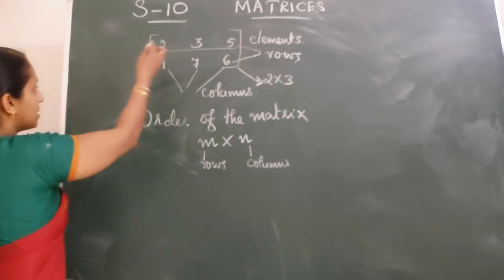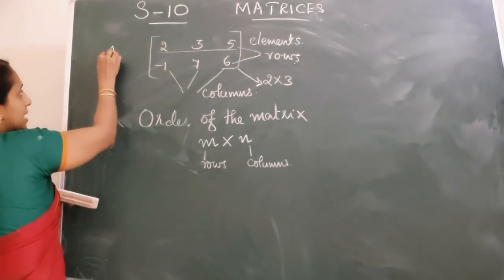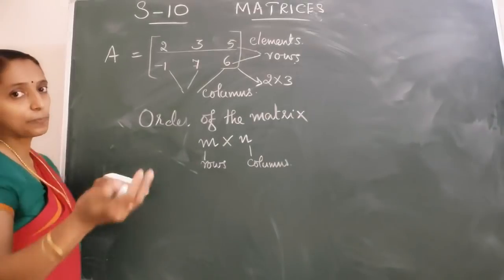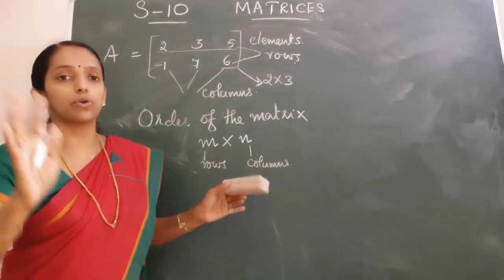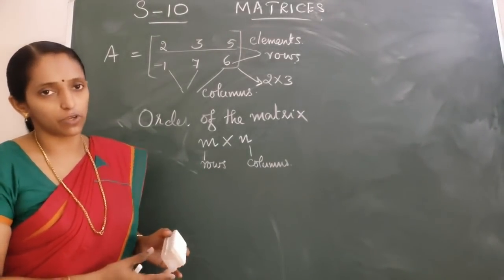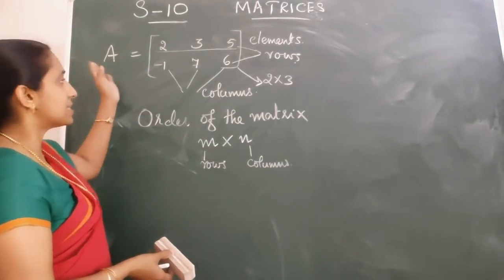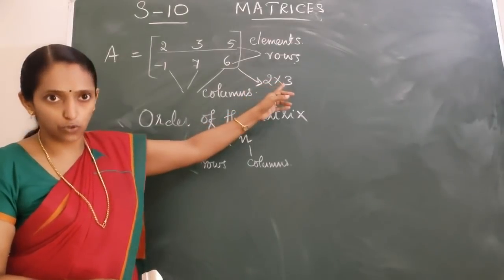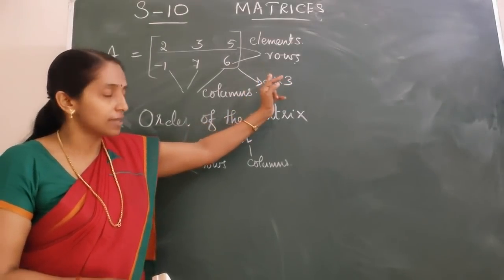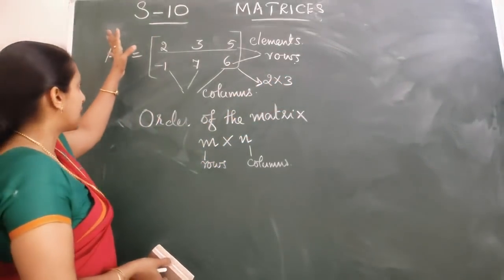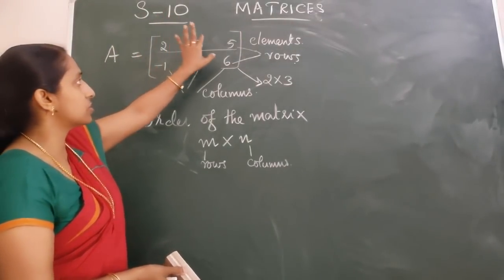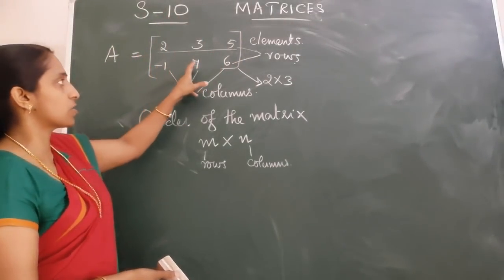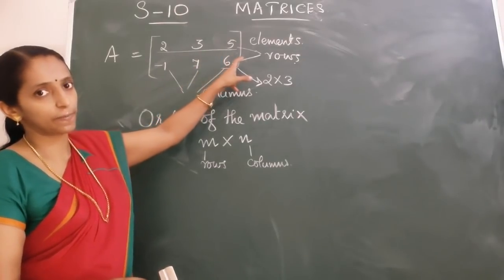The given matrix you can define as A equal to, or P equal to, or Q equal to; any name you can give. So A is a matrix of order 2 by 3, 2 rows and 3 columns. A is equal to the matrix 2, 3, 5, minus 1, 7, 6.